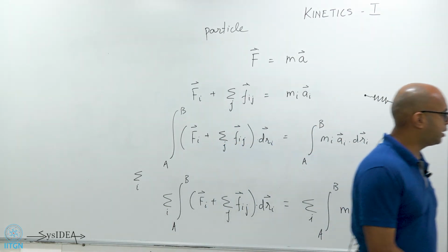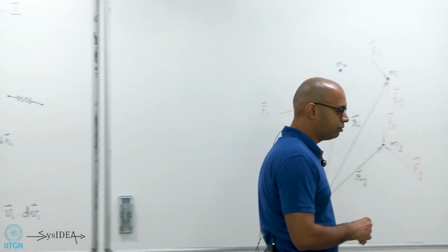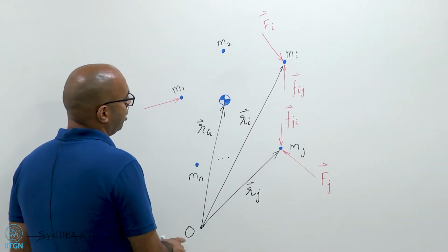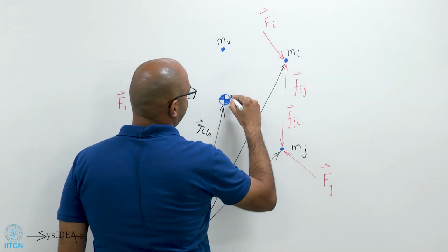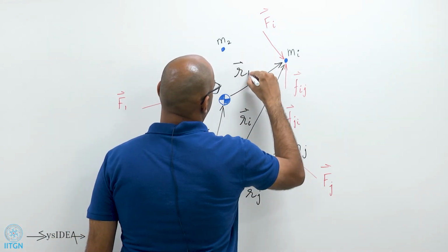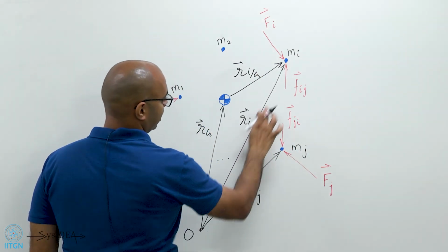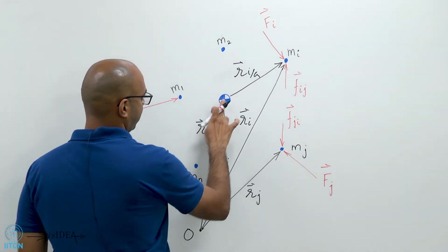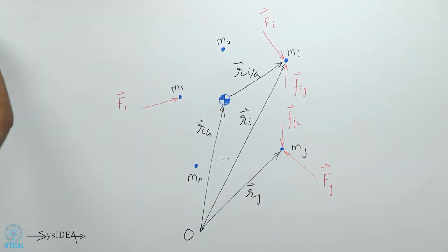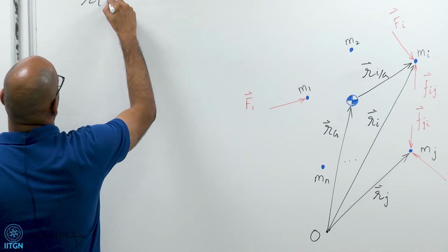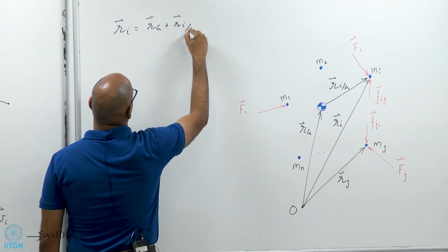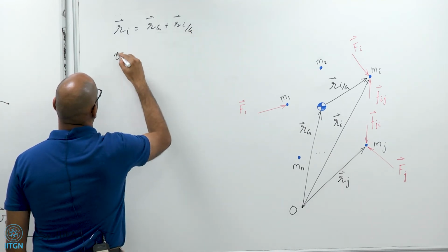This is a standard trick that we would use for both this and other principles later on, where for each i, now I write ri, which is this position vector, as a sum of two position vectors, rg plus rig. So ri is equal to rg plus rig, and I can do that for velocities as well.